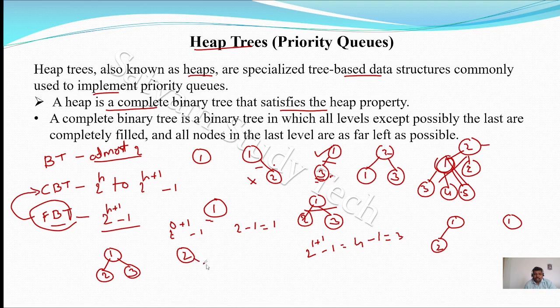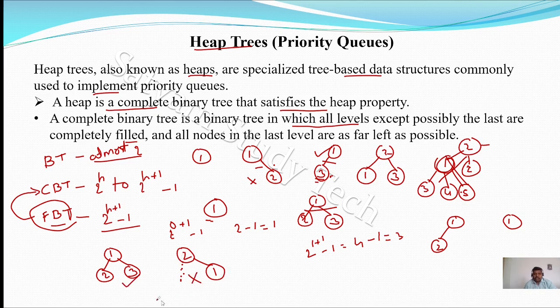For example, here you can see it is not a complete binary tree because the left is empty. So we have to fill from left to right only. A complete binary tree is a binary tree in which all levels except possibly the last are completely filled. That means how to fill from left to right only. So this is not a complete binary tree.